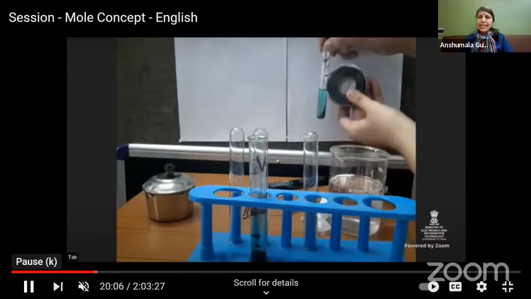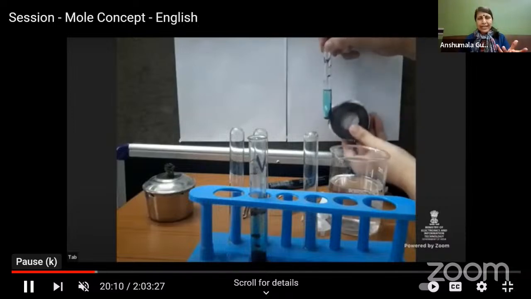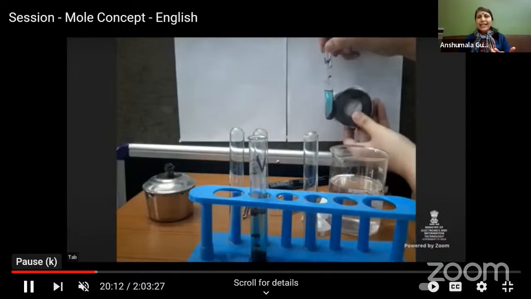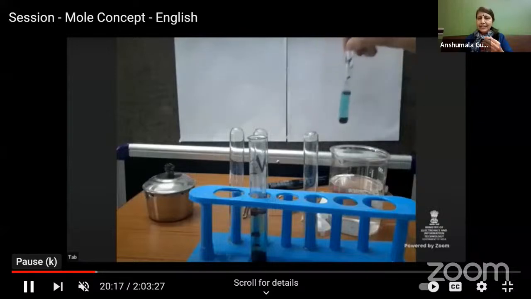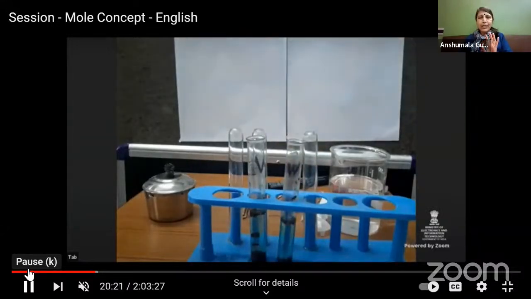In both these cases, when you take equal volumes of both reactants and when you take equal weights, there is quite a lot of reactant remaining. There's iron powder left, and also the color of copper sulfate doesn't change completely to ferrous sulfate. So the reaction doesn't get to completion or doesn't happen well.